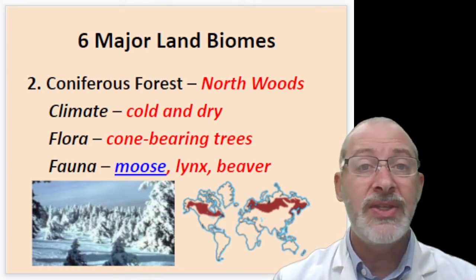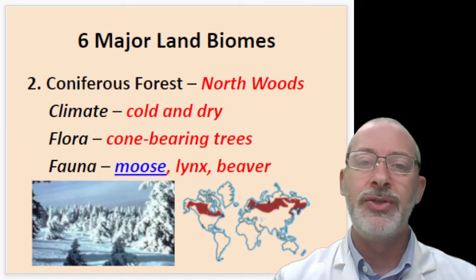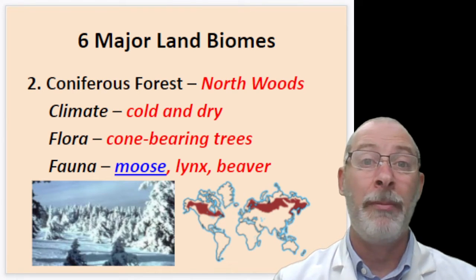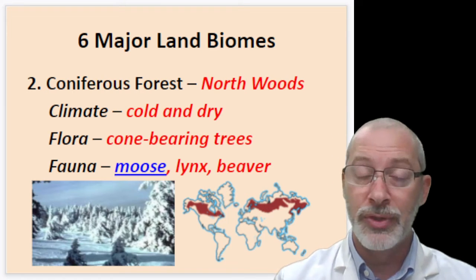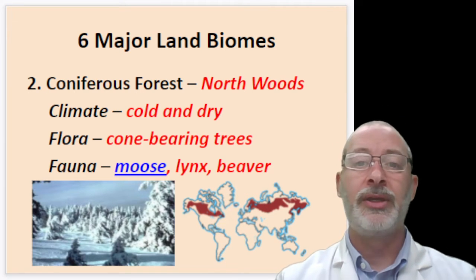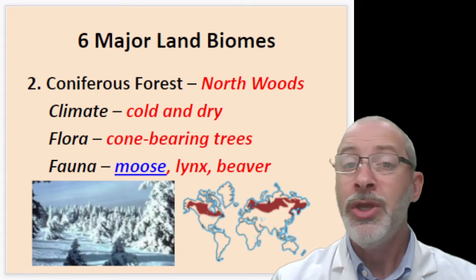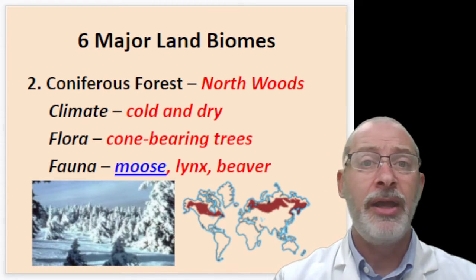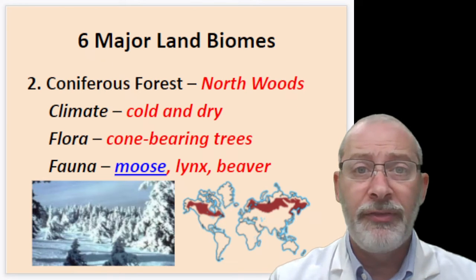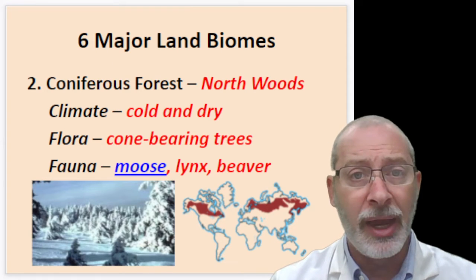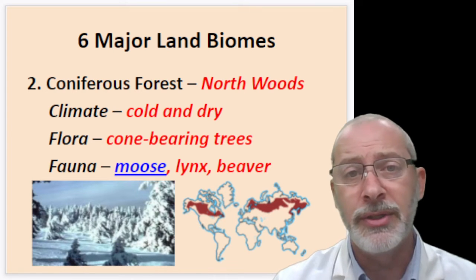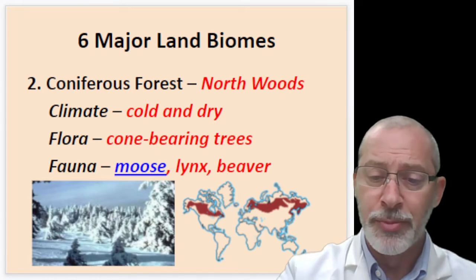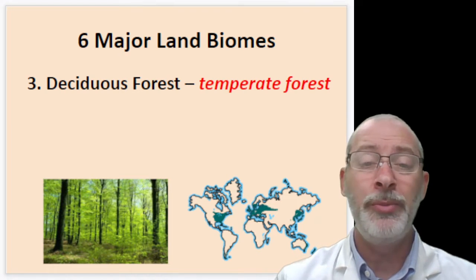But the lynx, the beaver, these are typically the most predominant, notable species of animals that we call fauna in the coniferous forest. You may also see on occasion Olaf the talking snowman being built and moving around in the coniferous forest as well.